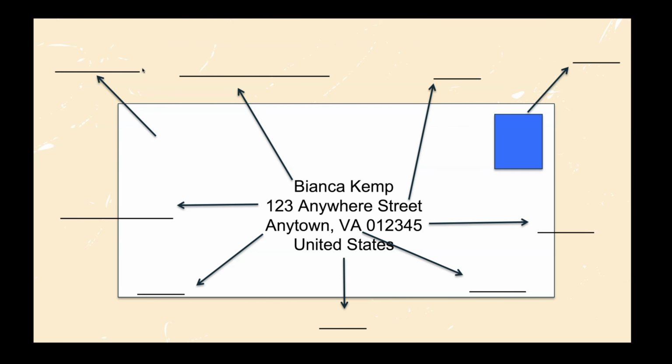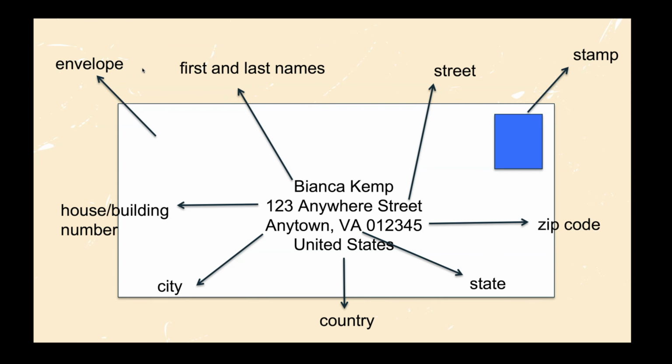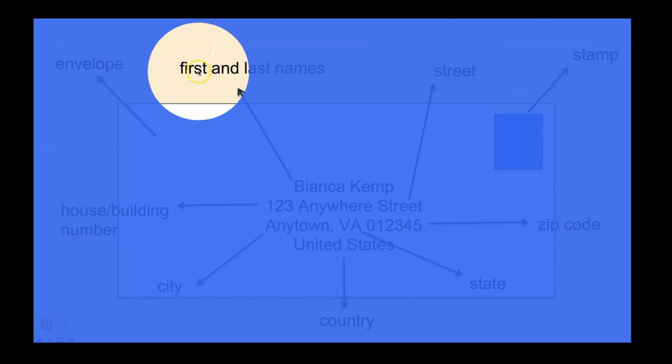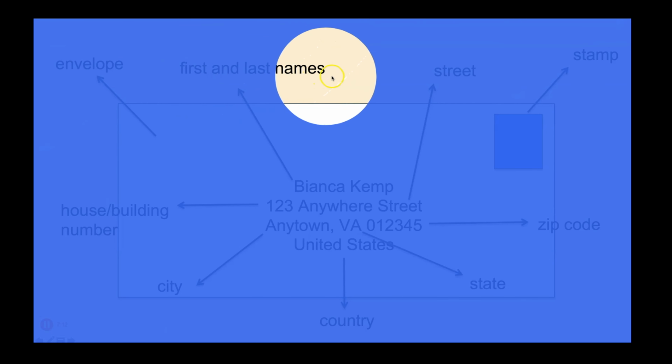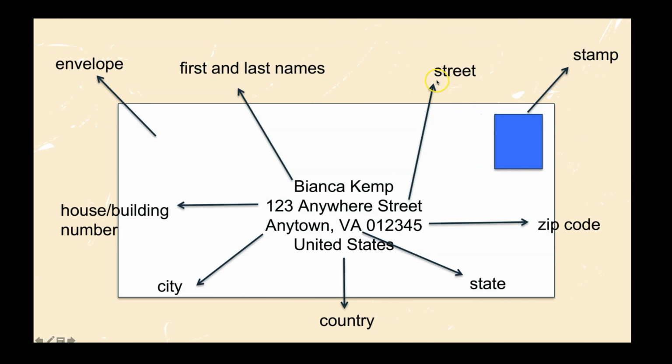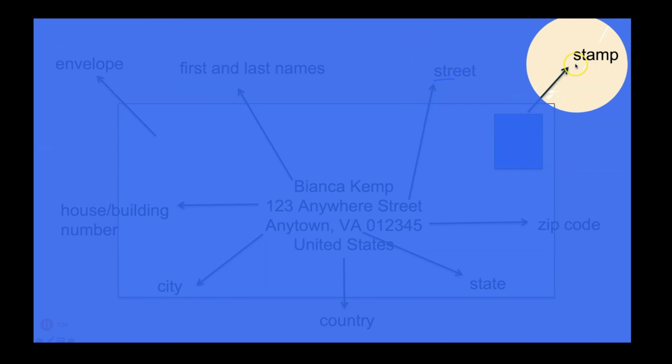Okay, let's check our answers. Starting here on the left, we have envelope. Then first and last names. We move here, street. And again, we know that STR makes the str sound. Here we have stamp.